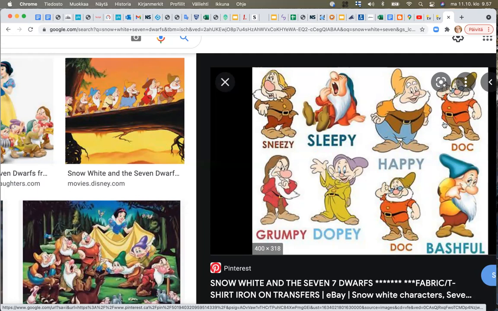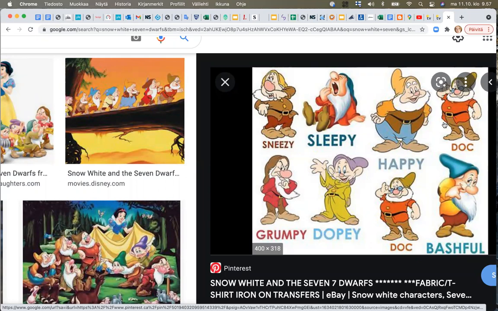Anyway, in the early illustrations from the 19th century, all the dwarves looked totally identical. But then what the Disney animators did was they thought about making every character different, and that was where the humor lay also.